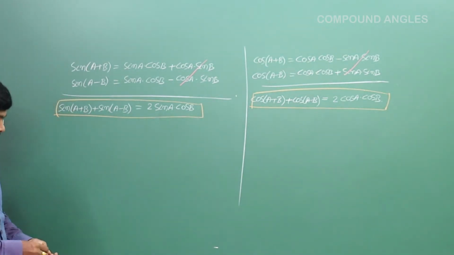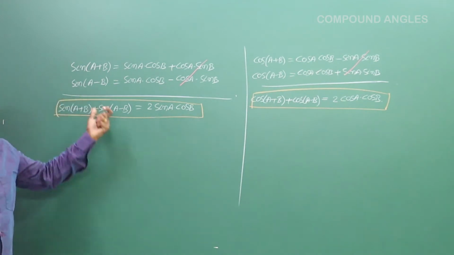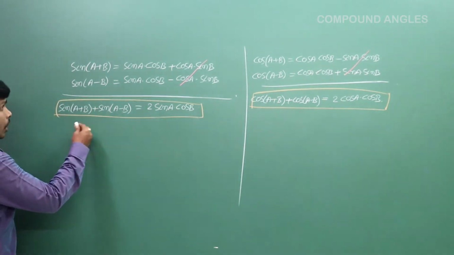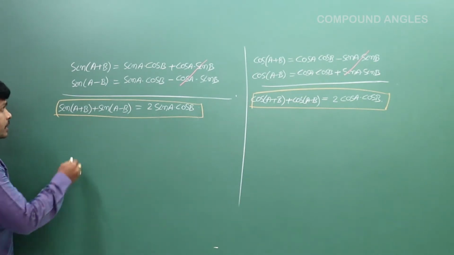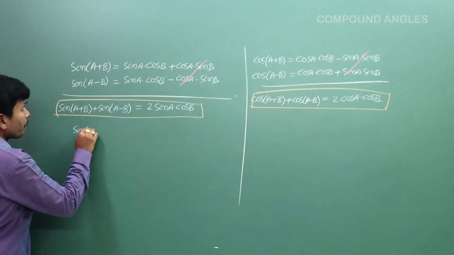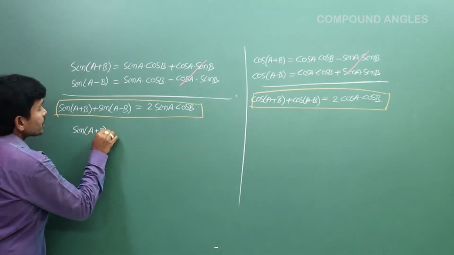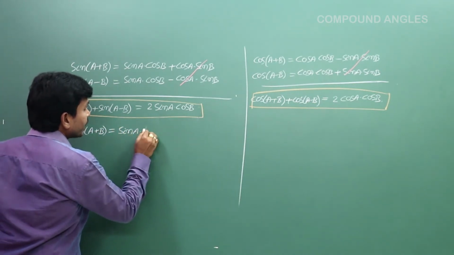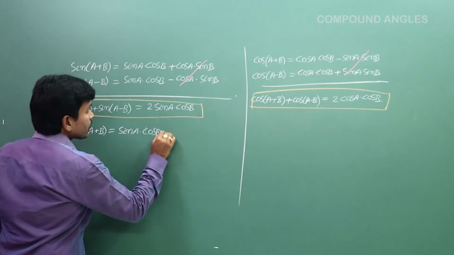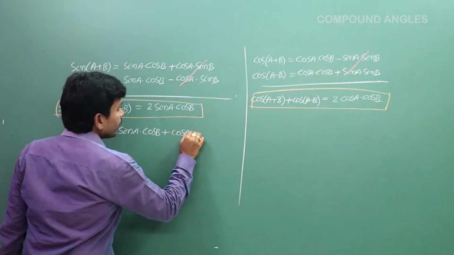Now you observe the second one. Subtract it. Now subtraction. Do you know subtractions? Subtraction means you have to change the symbols of that subtracted quantity. Sin of a plus b is sin a cos b plus cos a sin b.